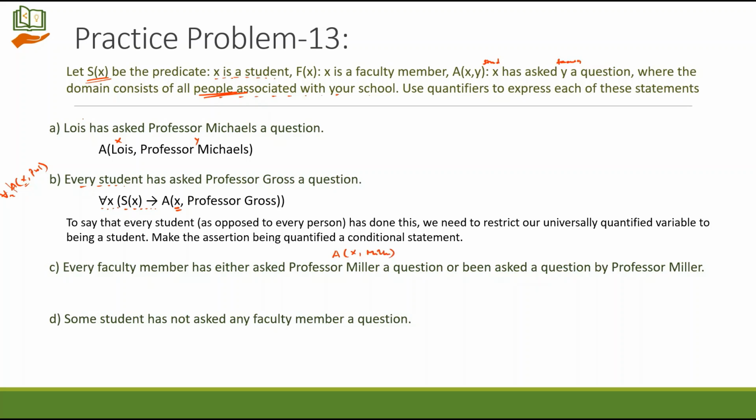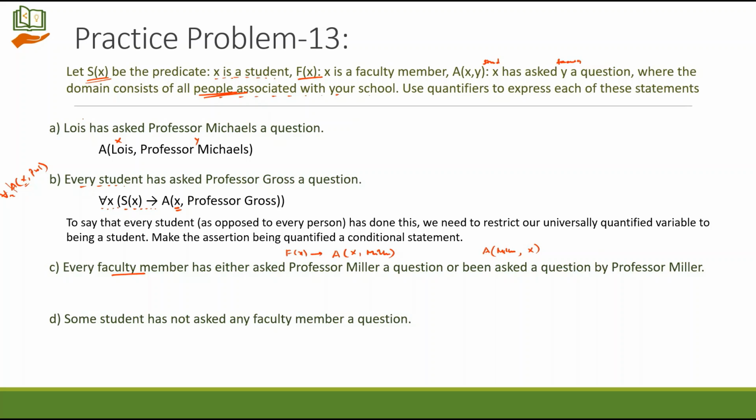When we say someone has been asked a question by Professor Miller, whoever asks the question will be coming first. So Miller will be coming first and x will be going next. Who is this x? The x must be a faculty member. So which predicate is faculty member? F of x. So we can say F of x implies that this faculty member is asking Miller and this faculty member is being asked by Miller.